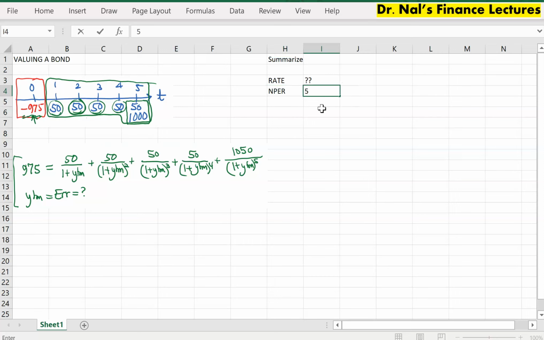So we can write 5 here. Then is the present value, which is the price basically. So we can just write PV. The price is, we are told $975, but because it's a cash outflow, I put a minus sign in front of it. Then we need to figure out the coupon payments. I can just call it payments. The payments are $50 each year for the next 5 years.